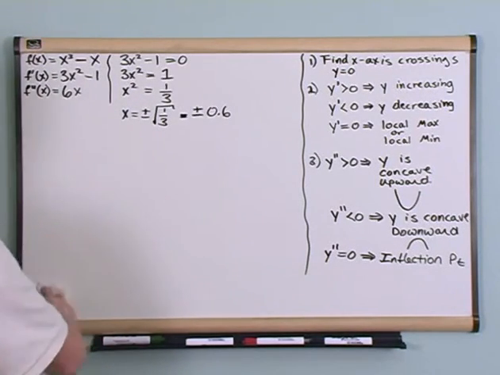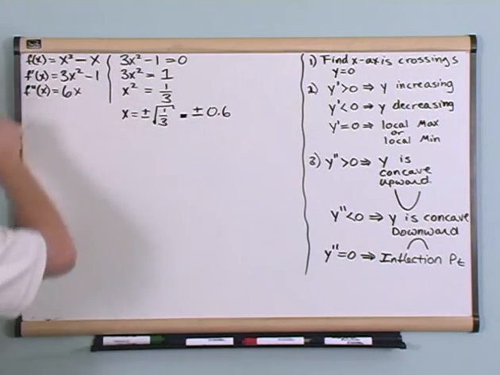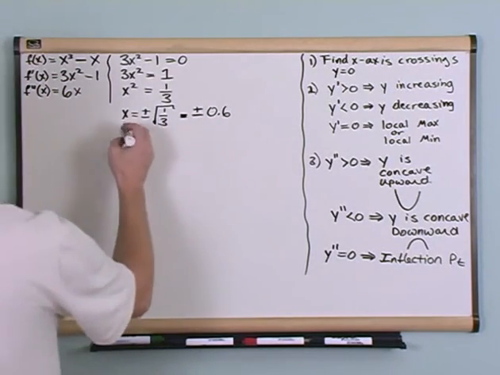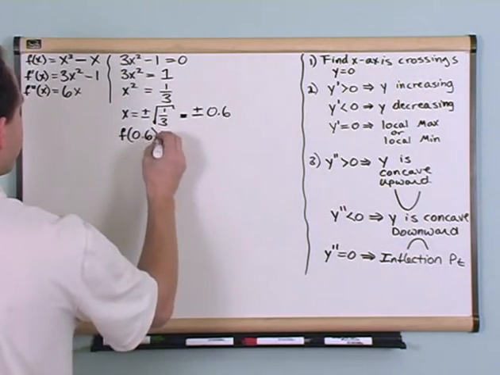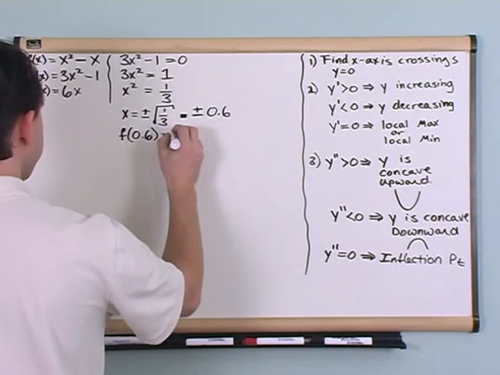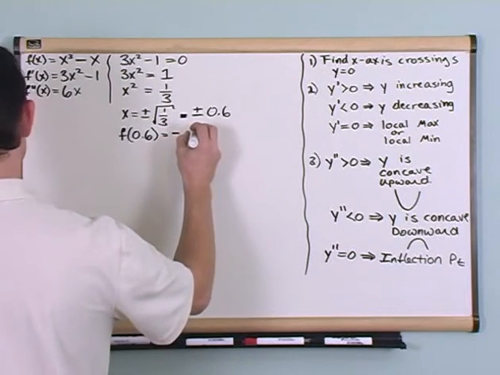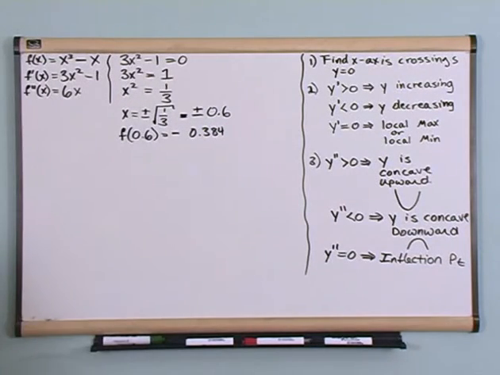So how do I plot it, or how do I figure it out? Well, I know the x value. I'm going to take this x value, stick it into f of x, and get the y value. So let's do that. f of 0.6, I'm just plugging 0.6 into f of x, and I'm going to let you crank through that on your calculator on your own, and you will see that that equals negative 0.384. Okay, that's just a number that comes out.